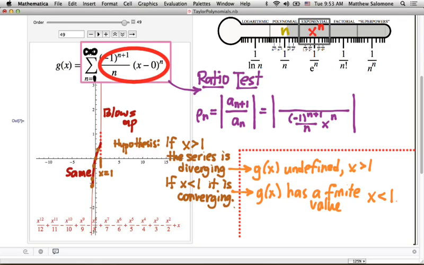My numerator will as well. The n plus first term is obtained just by replacing every n that we see with an n plus 1. And so it is negative 1 to the n plus 1 divided by n plus 1 times x to the power n plus 1.